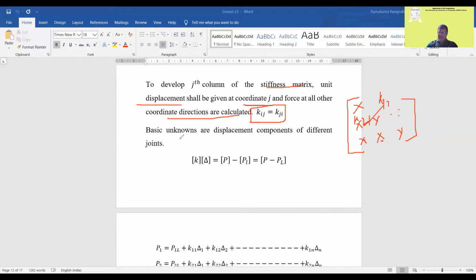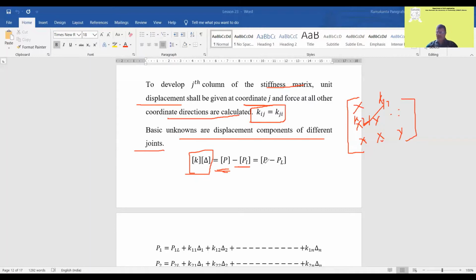Now, the basic equation for the displacement components at different joints is K into delta, the stiffness matrix into the displacement matrix, equal to the force developed minus the applied loads. If any loads are applied at the joints, that load also will be considered at that joint. So that will be P minus PL.